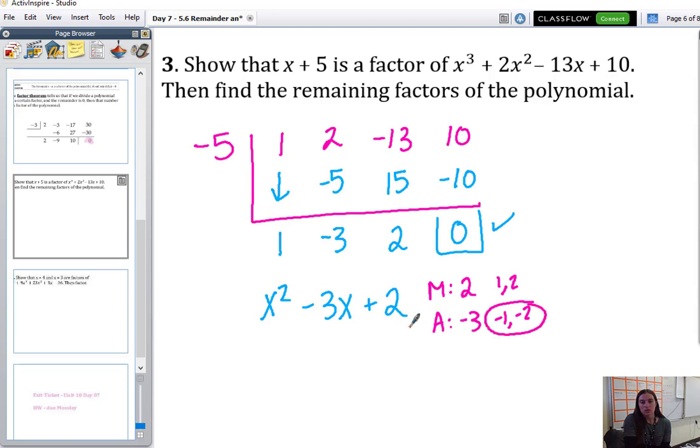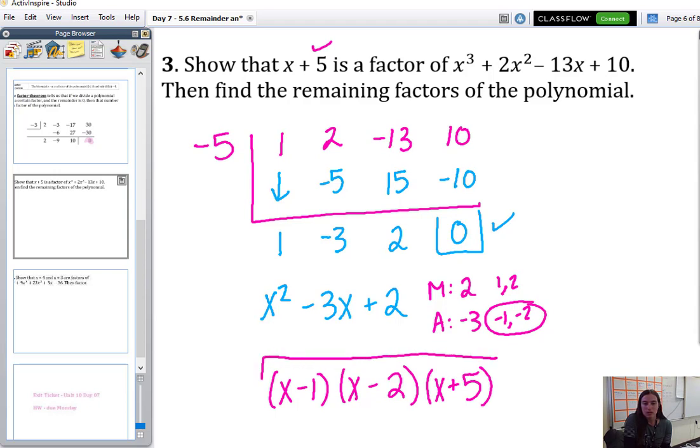In this case, we're going to use the second pair. So my factors are x minus 1, x minus 2, and I'm going to go ahead and include the original factor that I found at the very beginning, x plus 5. Now it doesn't matter which order you put these answers in, as long as you've got the correct ones with the appropriate signs. Let's look at another one.